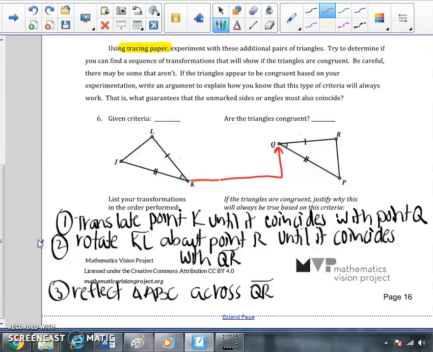We rotated line segment KL about point R until it coincided with line segment QR, and then we reflected the triangle across QR. We noticed that triangle KLJ overlapped perfectly with triangle QRP, which means that side-angle-side is enough criteria. Side-angle-side is our second criteria to say that 2 triangles are indeed congruent.